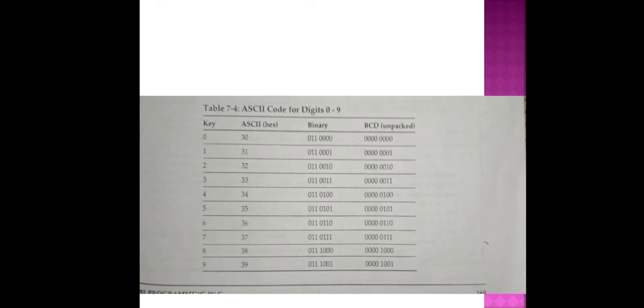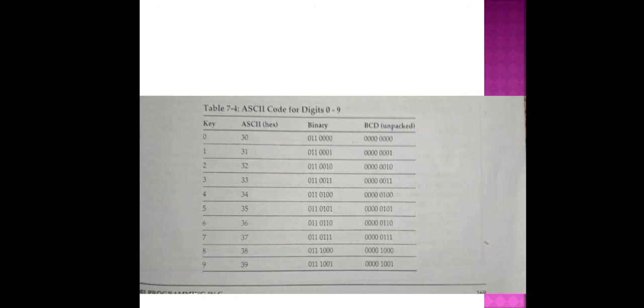It is the ASCII number 30 in hex that is provided to the computer. Similarly, 31H is provided for the key number 1. That means the binary number transferred to the computer is 0 0 1 1 0 0 0 1, in binary format. This is the ASCII code for digits 0 to 9.